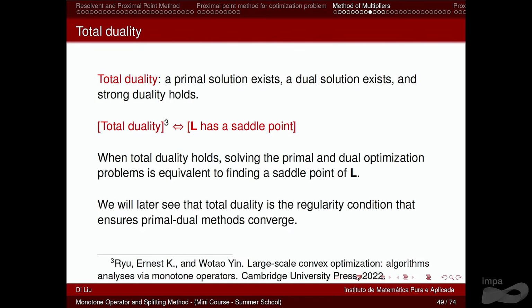We will see later that total duality is a kind of regularity condition that ensures the primal-dual methods converge, okay? Because as I mentioned before, many splitting methods are in this form.